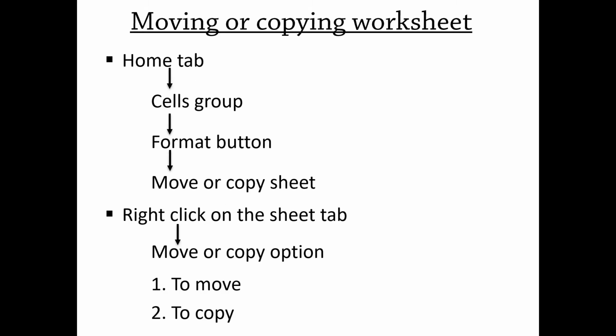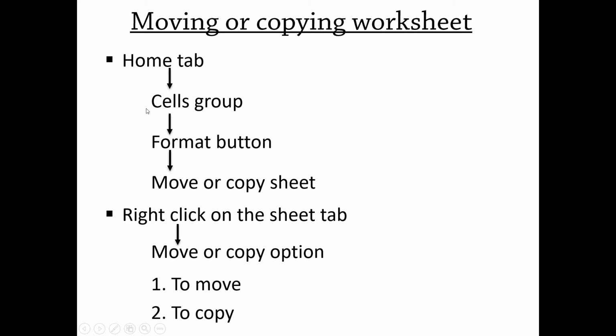Moving or copying worksheet. Worksheets can be moved or copied within the same workbook or to another workbook. There are two methods for choosing moving or copying worksheet. Click on the Home tab of the ribbon.